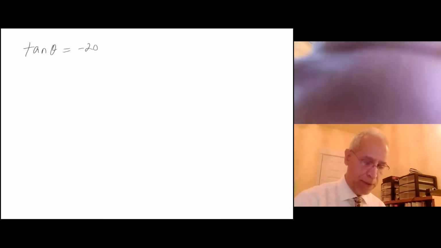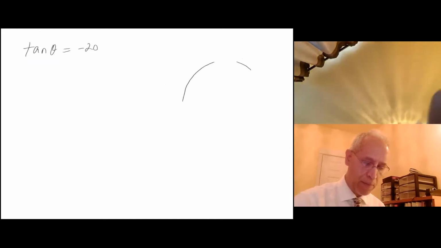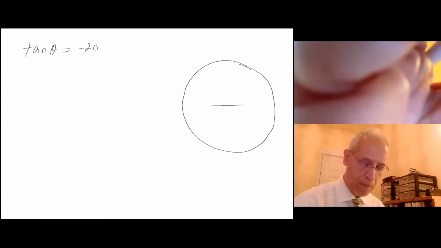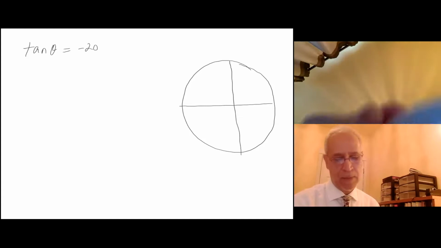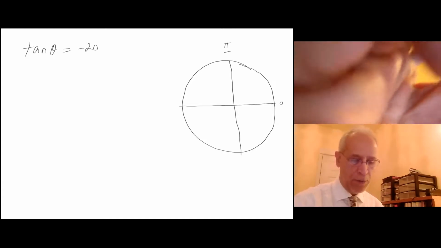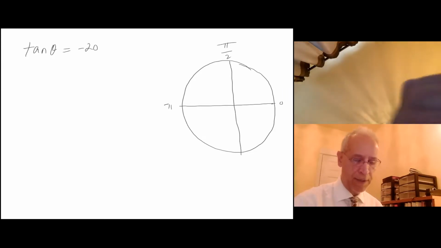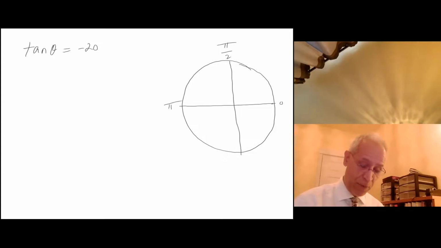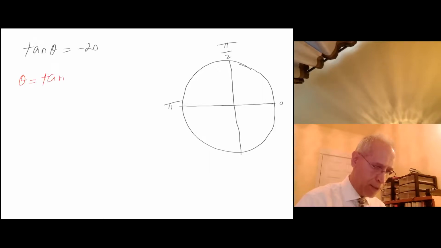Let me put a unit circle in here: 0, pi over 2, and pi. Now I'm going to take tangent inverse of both sides, so I have theta equals tangent inverse of -20.